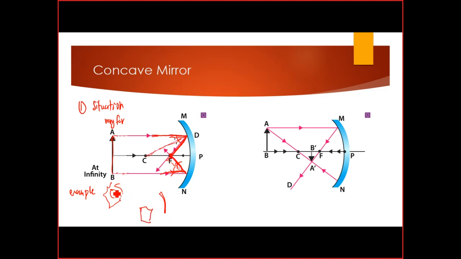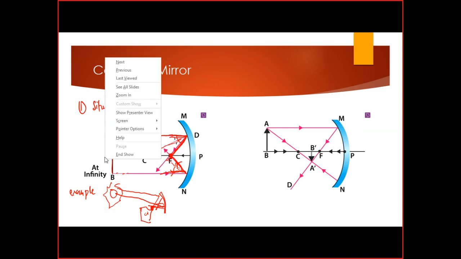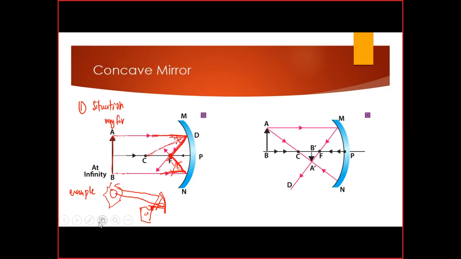Assuming that the sun is very far away from Earth, its light goes to this concave mirror, which converges the sunlight, and it can be used to burn up this paper. That is one example that I can give you.